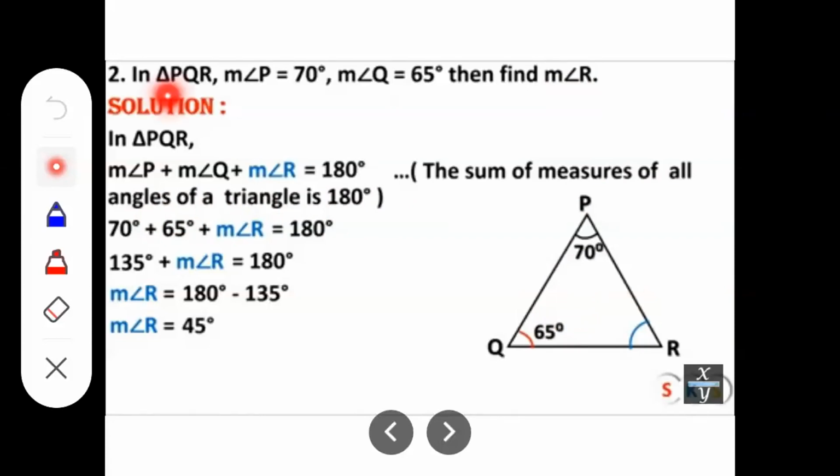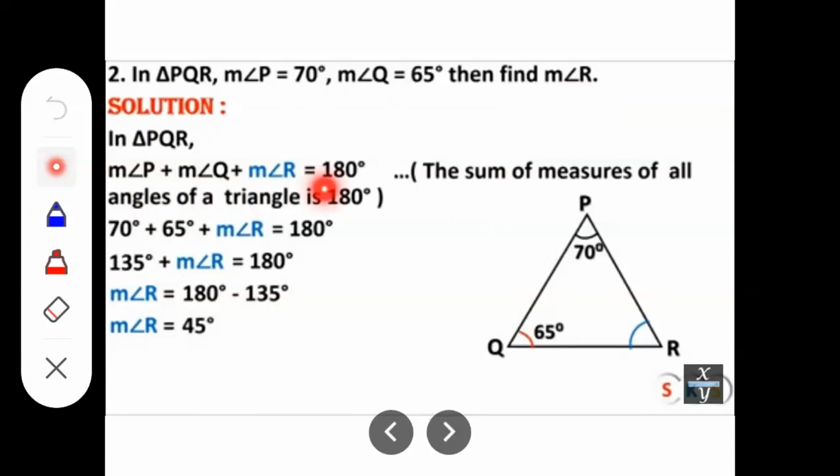So in triangle PQR, see the example. In triangle PQR, measurement of angle P is equal to 70 degree, measurement of angle Q is equal to 65 degree, then find measurement of angle R. Okay, now let's write the solution here. In triangle PQR, because of this property, add three of the angles of a given triangle.